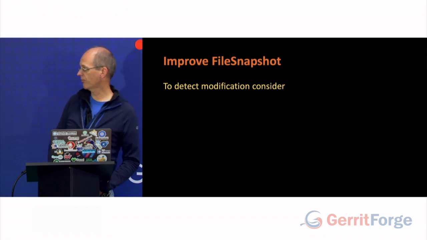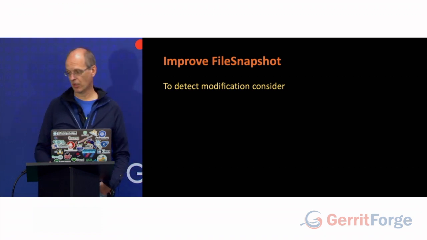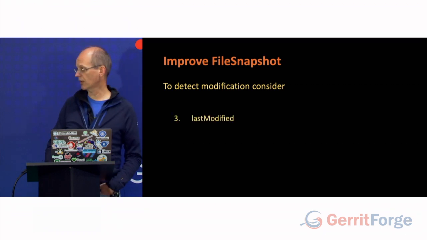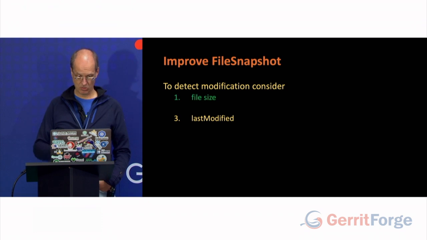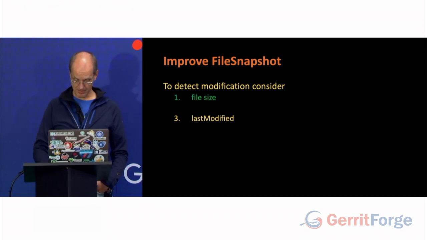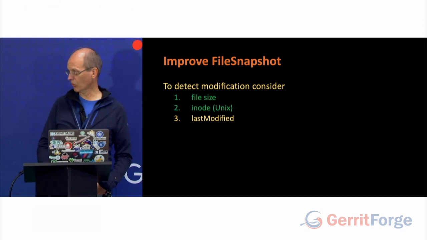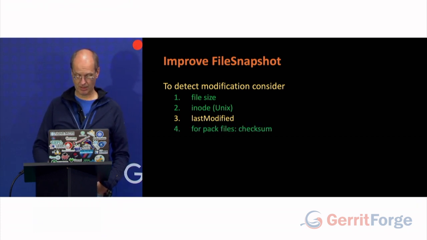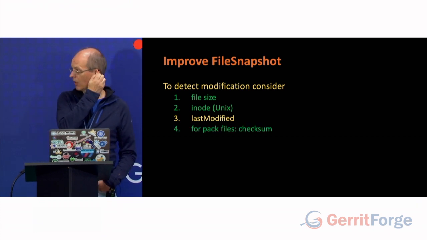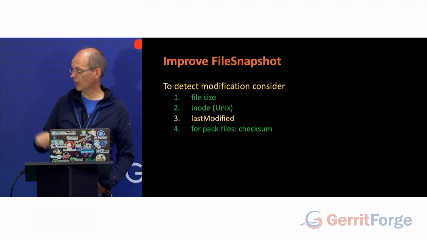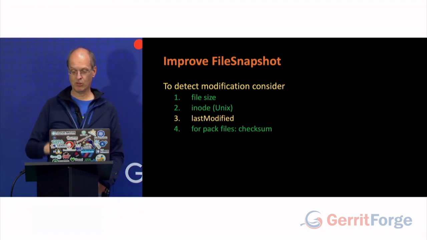So I thought, why don't we improve that? So to detect modification, we considered so far only the last modified timestamp. So I added file size, inode on Unix, and for pack files, I implemented a specialized file snapshot which can also look into the checksum, which is at the end of the pack file.